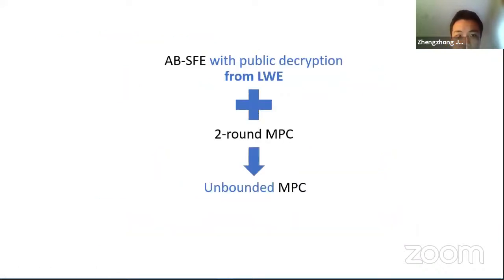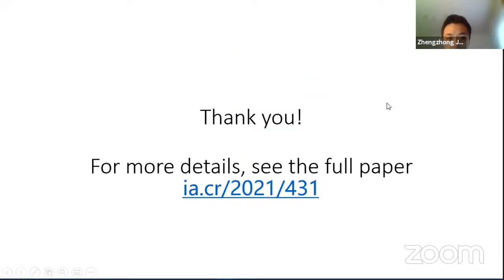In this work, we construct such ABSFE with the public decryption property from learning with errors, and then we combine it generically with a two-round MPC protocol to obtain unbounded MPC protocols. Thank you. For more information, you can see our full paper online.